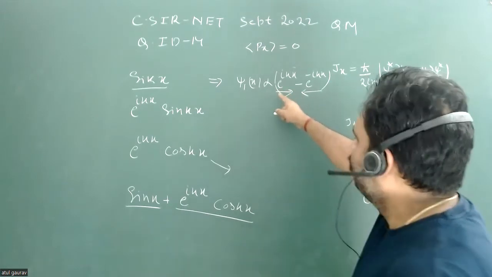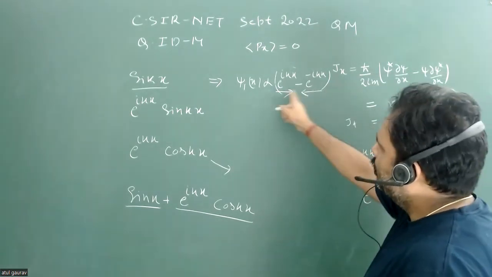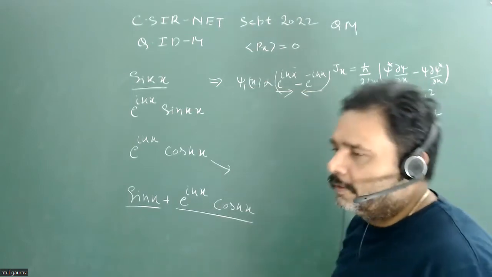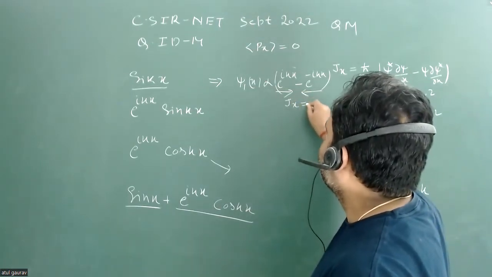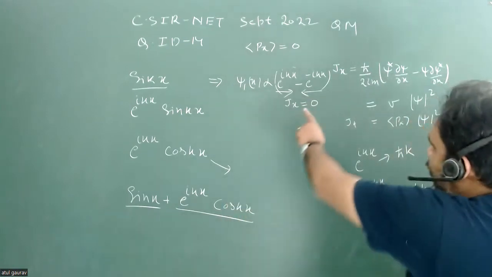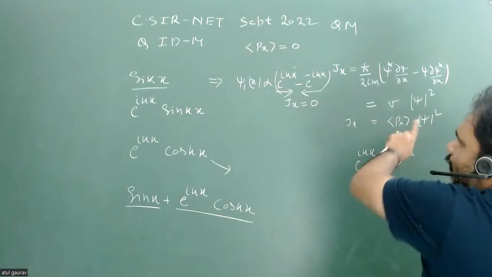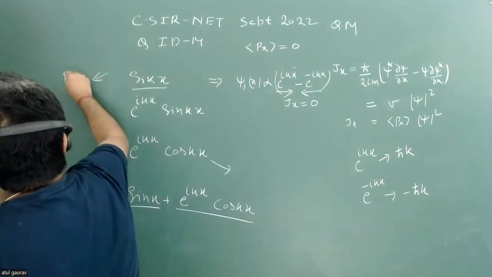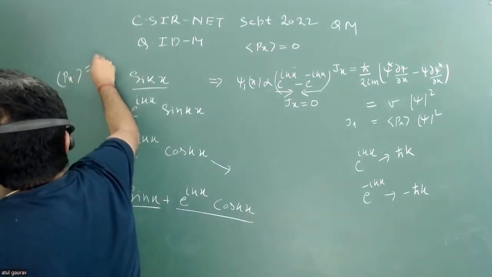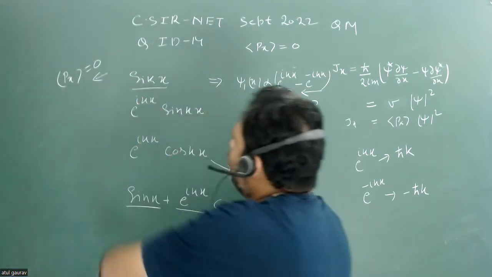I am talking about the same amount of current towards the right and towards the left. So in this option the current density is equal to 0, and if the current density is 0, then the momentum must be 0. So obviously option 1 is correct. You can analyze all the other options.